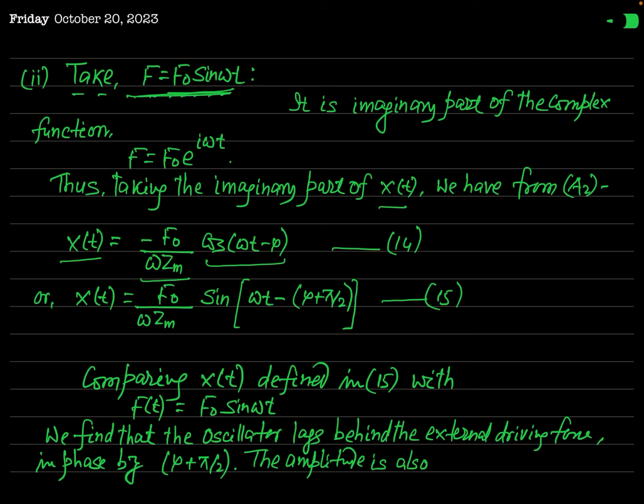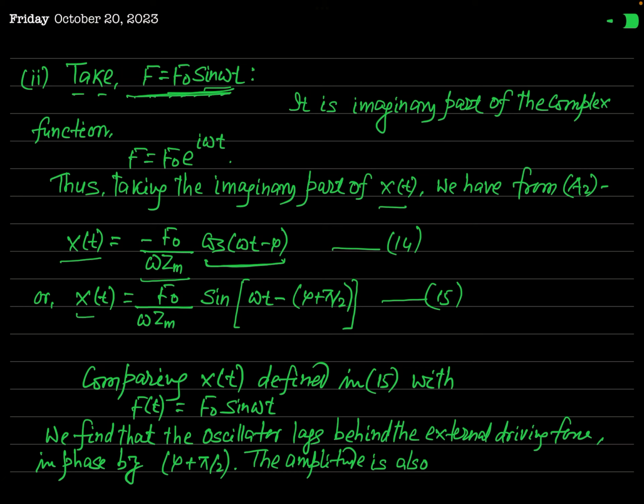But since in this condition the force is in terms of the sine function, let us transform this equation, which contains the cosine function, in terms of the sine function. And you know cos theta is equal to sine(theta minus pi by 2).